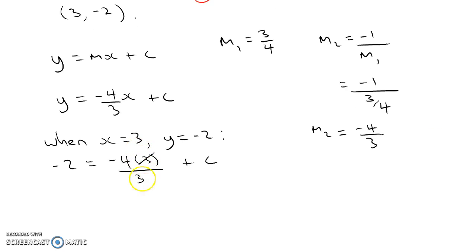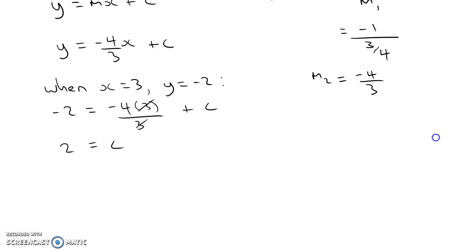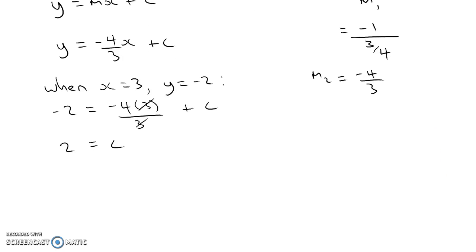We can cancel those and bring this 4 over to the other side. So add 4 to both sides. -2 plus 4 will give us 2 equals c. And then we can substitute that c equals 2 back into the rule. So y equals -4 over 3x plus 2.